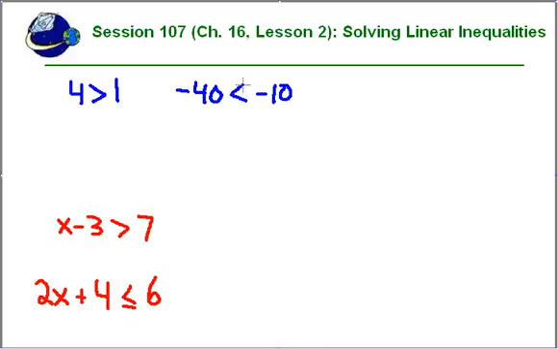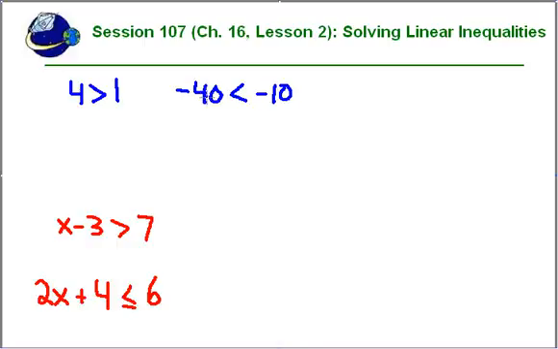And this holds true for any negative number that you would multiply both sides by, or any negative number that you would divide both sides by. Whenever you have an inequality and you multiply or divide both sides of the inequality by a negative number, that reverses the direction of the sign. Here the sign originally says greater than.